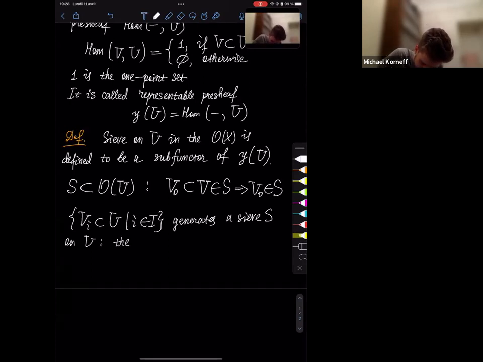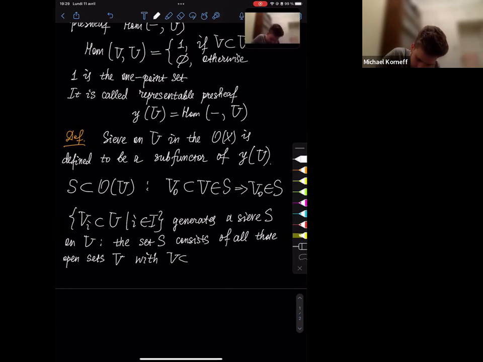The set S consists just of all those open sets V with V contained in Vi for some i.